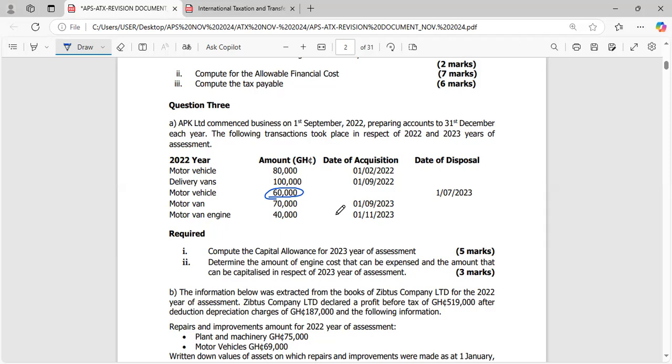So it's not twice. You only bring the 60,000 to get your written down value, so that you can have a 5% restriction. Once you get the amount of repairs and the 5% restriction, whatever value you get becomes the addition that you add to the 2023 year of assessment to compute your capital allowance. So in determining your capital allowance, you would have to factor in the disposal of 60,000.